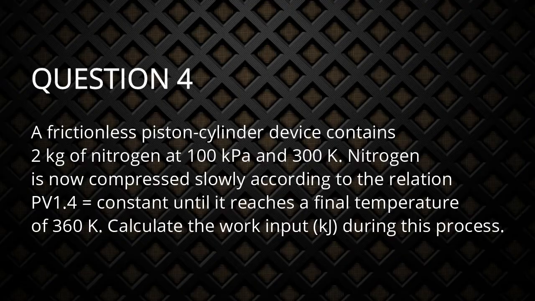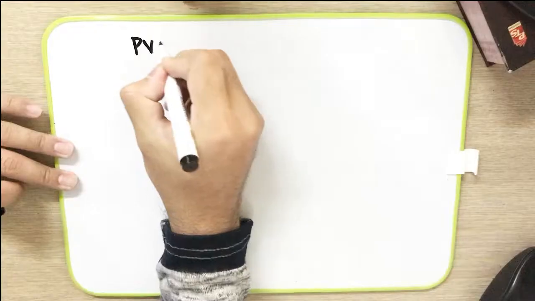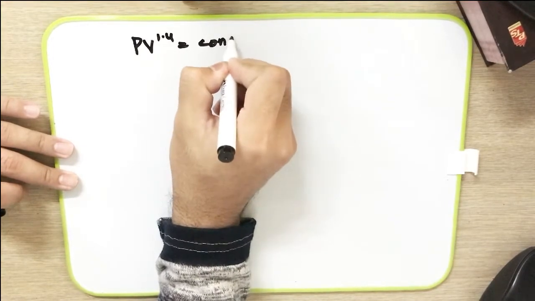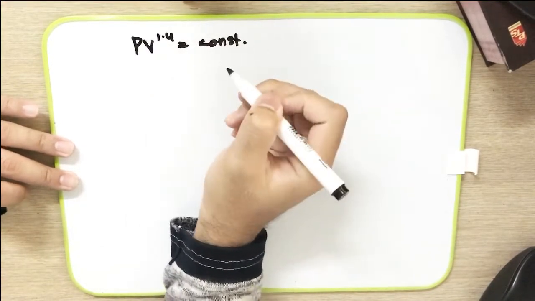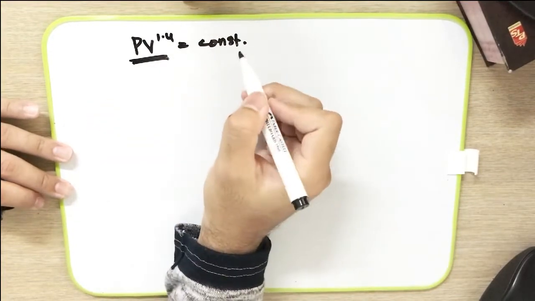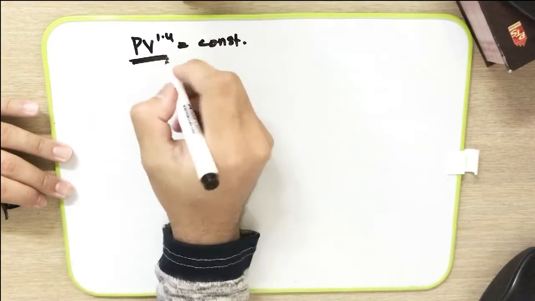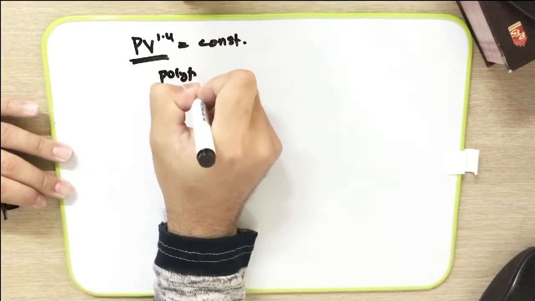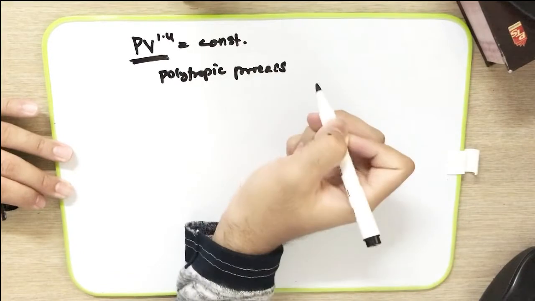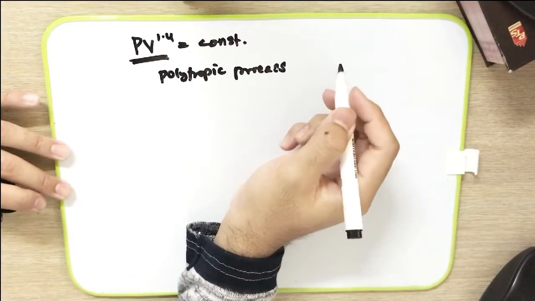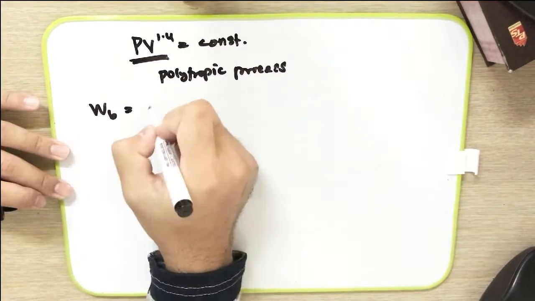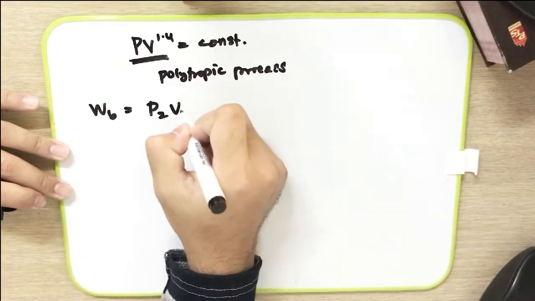From the question, we can see the relation of PV to the power of 1.4 is equal to constant. I always mention to you, when you are given this relation, it means that the process is undergoing a polytropic process. So for polytropic process, in order to find the work, we can use this equation.